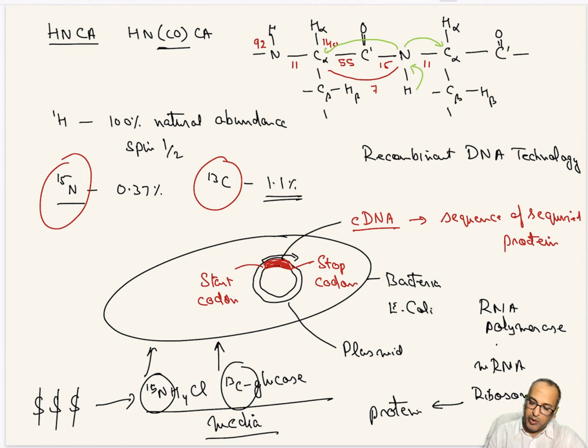So let's say if we call this the ith residue, ith amino acid, this will be the I minus 1th amino acid, right? And this will be the I plus 1th amino acid. Okay, so because the coupling constants are 7 and 11 hertz, from nitrogen, when you're transferring the magnetization, it will go to C alpha of I as well as C alpha of I minus 1.